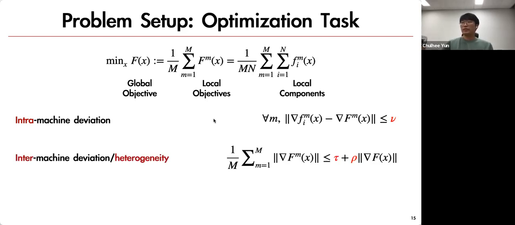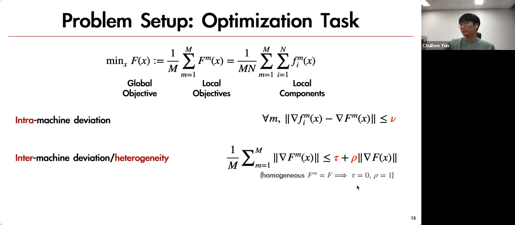And for inter-machine deviation, which is also called the heterogeneity, we assume that the mean of the norm of local objective gradients is upper bounded by tau plus rho times the norm of the global objective gradient. So this looks kind of scary, but this is actually similar to the bounded gradient dissimilarity assumptions that have appeared in the literature.